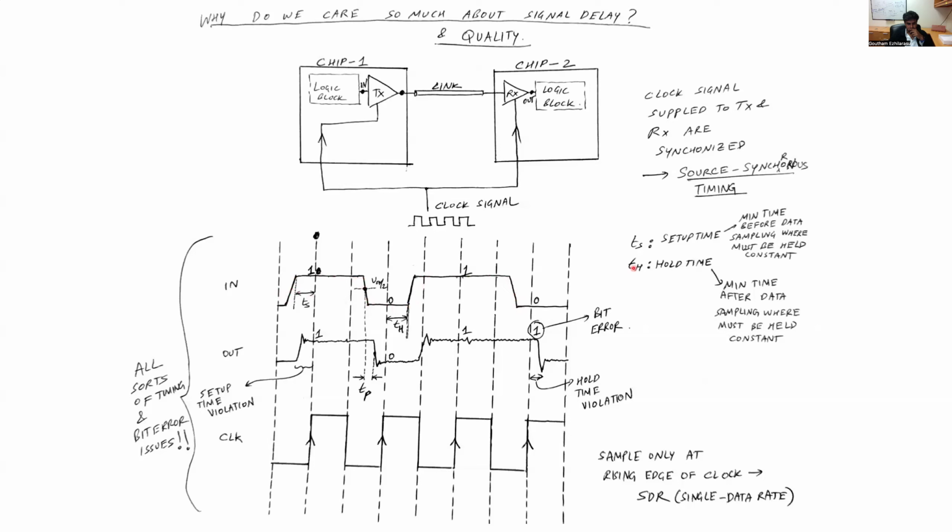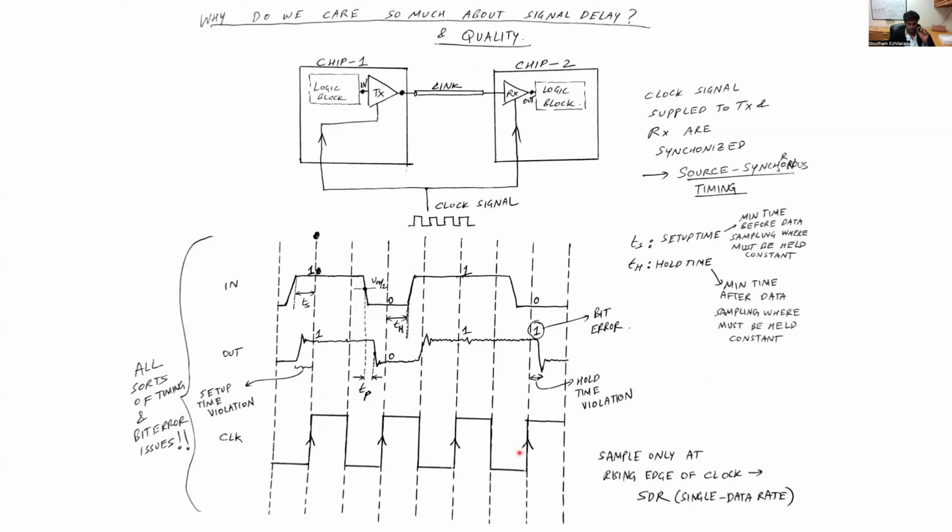So imagine now at the input we send this kind of digital data, a bunch of zeros and ones, with a certain rise time and fall time. And at the output, we already know that the signal is going to be delayed because of the delay in sending along the link. And also there are going to be signal distortions because of the nature of the link itself. There could be frequency dependent dispersions and other effects, which were discussed in the signal integrity class. And therefore now, say you are sampling the data over here.